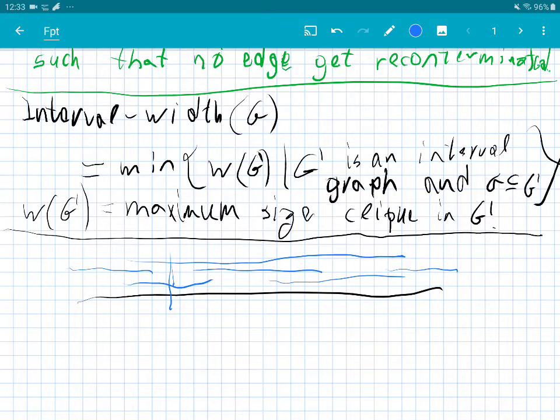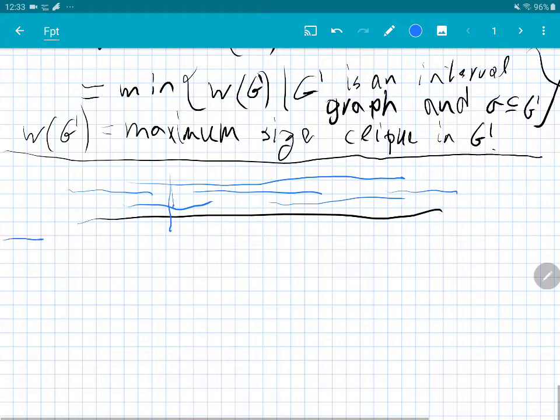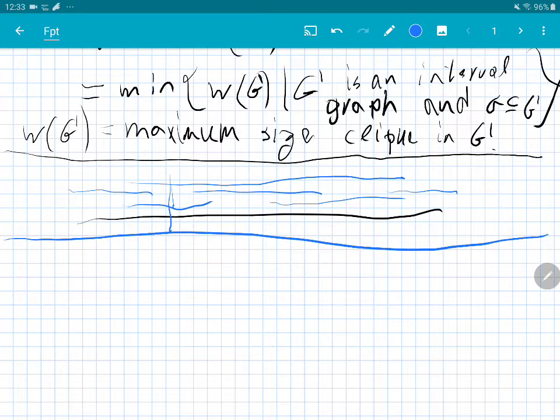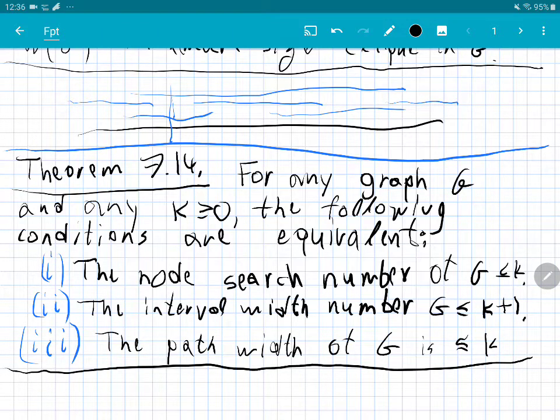Okay, and now we are ready to state our theorem. So this theorem states the following: that the following three measures are equivalent. The search number, right? How many guards you need to decontaminate the graph, the interval width, and the pathwidth of the graph. They're all the same essentially, plus minus 1.